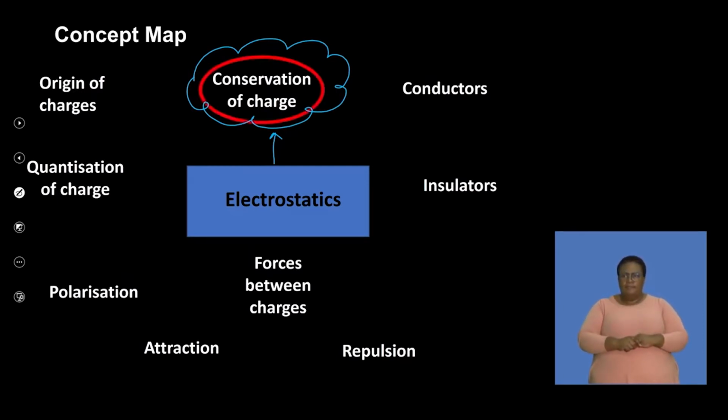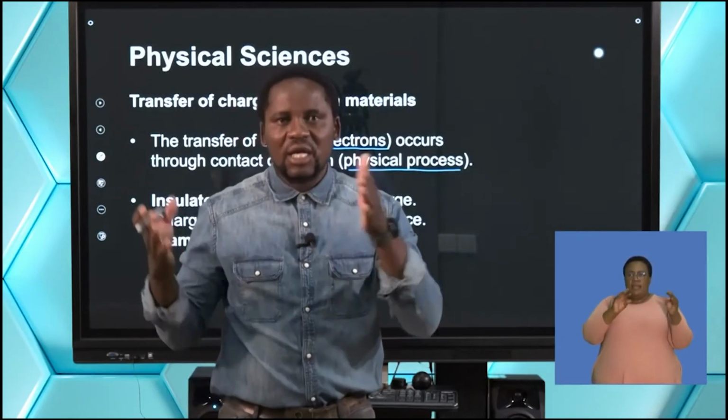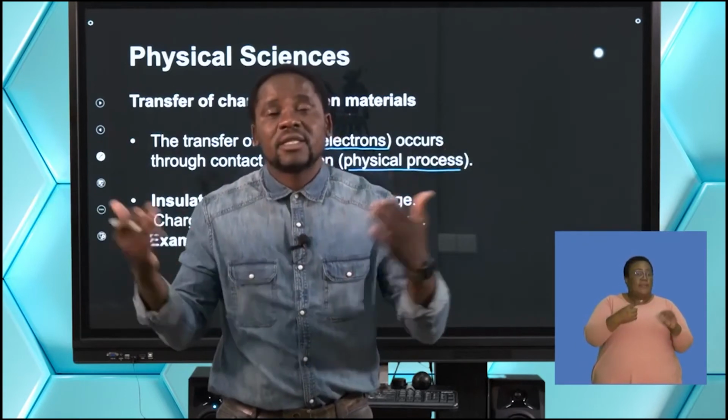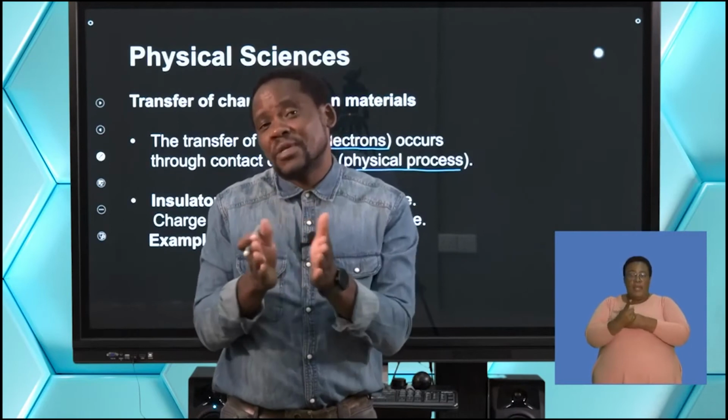Having said that, transfer of charge is transfer of electrons, because what exactly moves are the electrons, not protons. It happens through contact or friction during a physical process. Let's just try and break this down. When we talk about a physical process, we are saying that there are two materials, and for charge to be transferred, these materials need to come into contact.